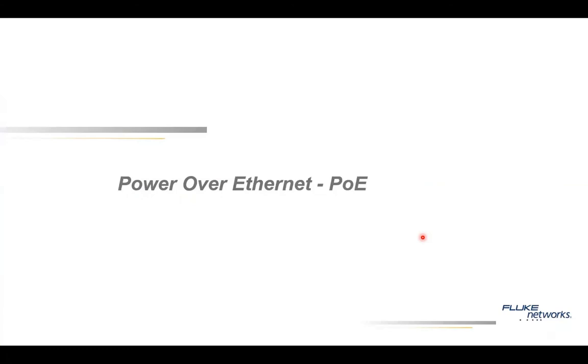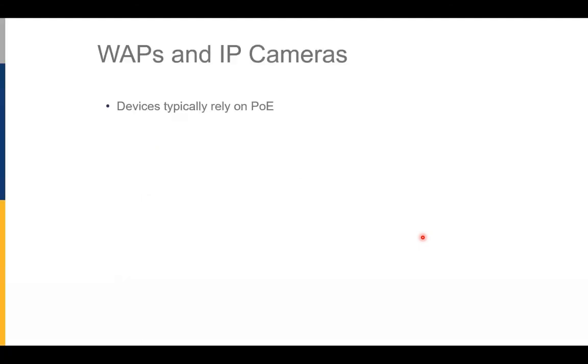Now, another parameter, and this is a little bit more complex, but I think very important for the situation we come across today, is testing to support power over Ethernet. A lot of times people will ask, how do I support power over Ethernet? Well, we've looked at the Ethernet side: the length, the signal strength, the noise. For the power element of this, what we want to look at is the loop resistance.